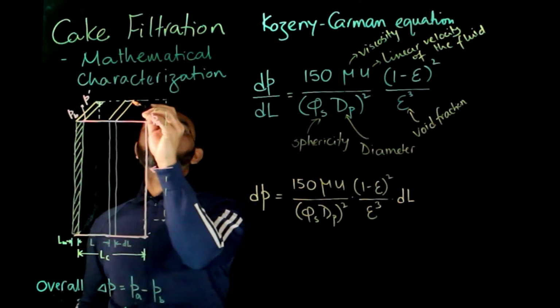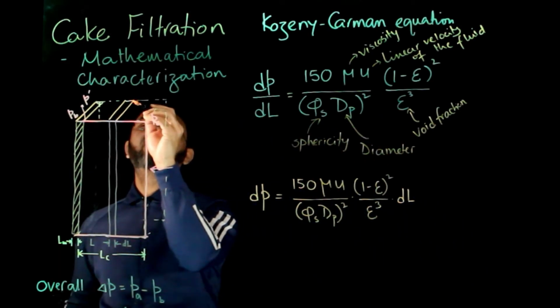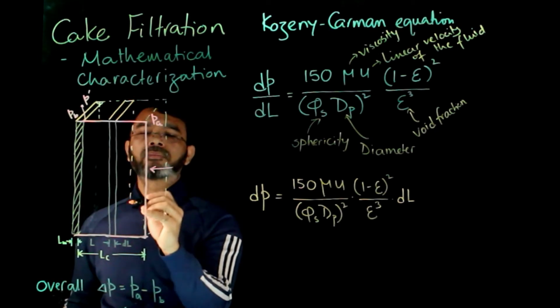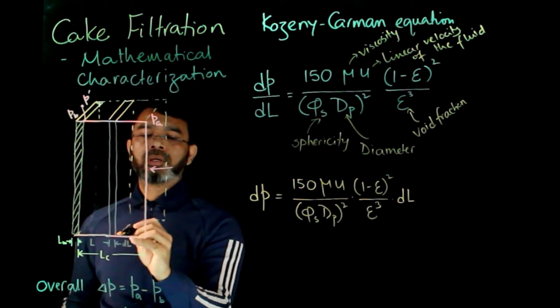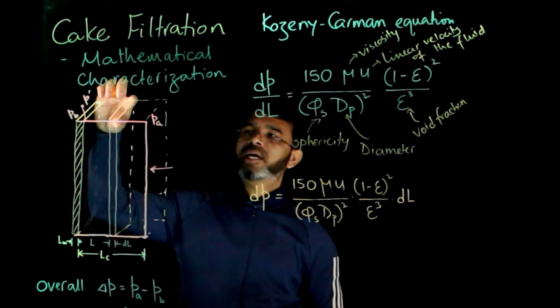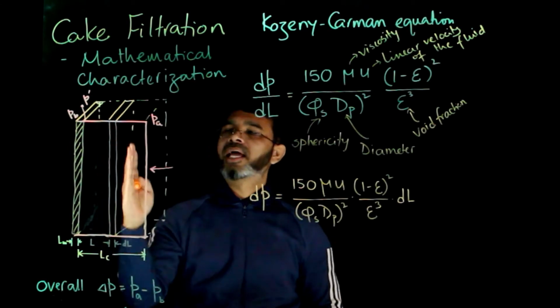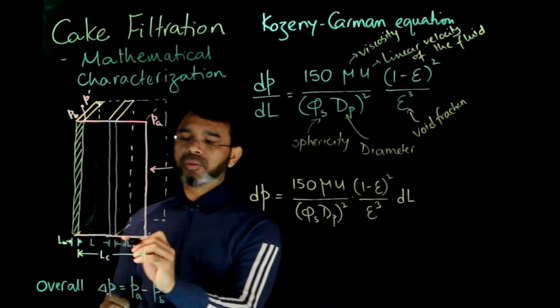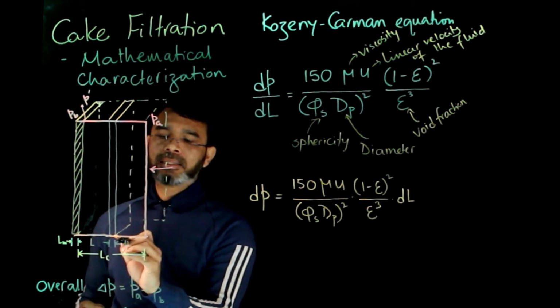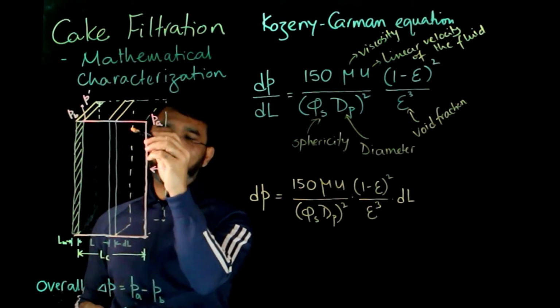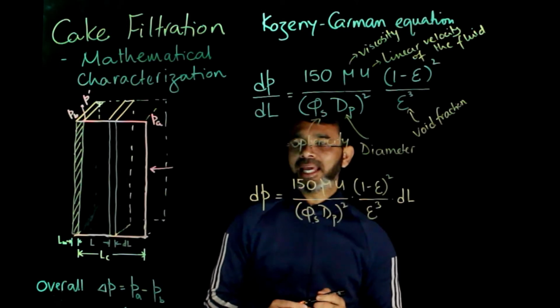So you can now go back to the 3D formulation. We need to find out what is the volume of this layer. It has a thickness of dl and a face area of A. So dl times the area A, so the volume will be A dl.